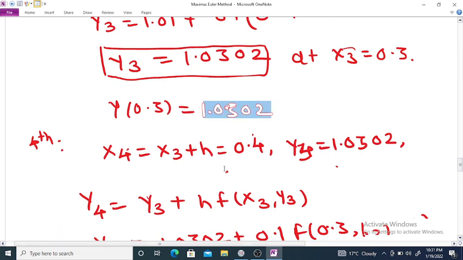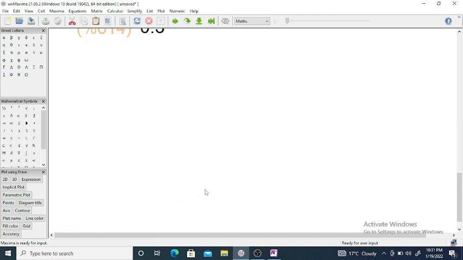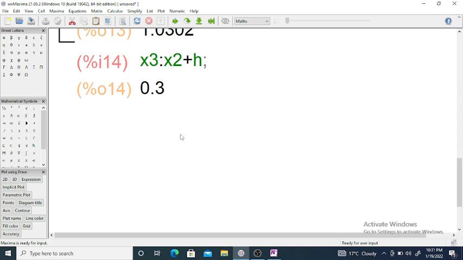Next we want to determine the value of x3. x3 is equal to x2 plus h, so x3 is 0.3, and therefore y4 is equal to y3 plus h into f of x3, y3.